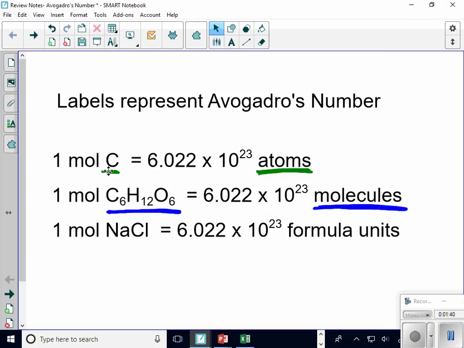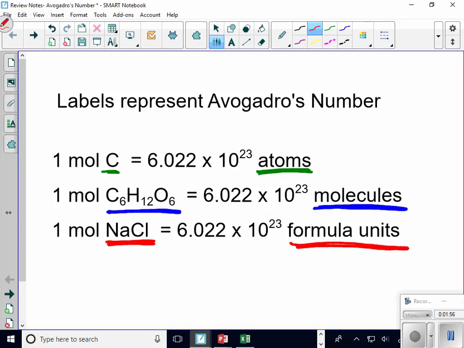And finally, if I have a group of elements, or in this instance, a binary compound, two elements, that are ionically bonded, we refer to those as formula units. So the three types of labels I can have on these representative particles are atoms, molecules, formula units.